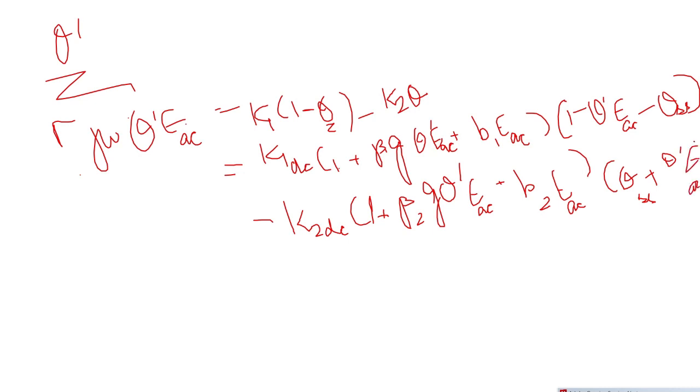So you substitute something of this form. Then you will have to simplify and cut out all the terms with E_AC. First you will ignore all the terms with E_AC squared or above. Then you will also ignore the constants. Then you will segregate all the terms, cut out E_AC from either side, and segregate the terms with theta dash.